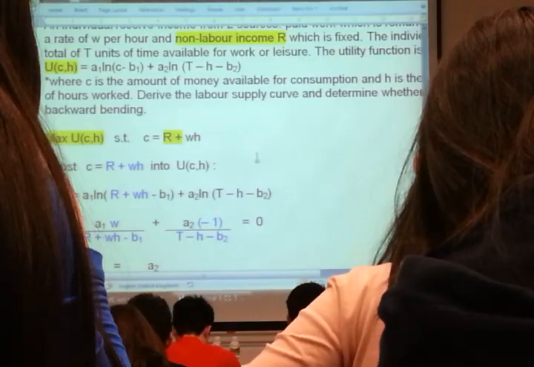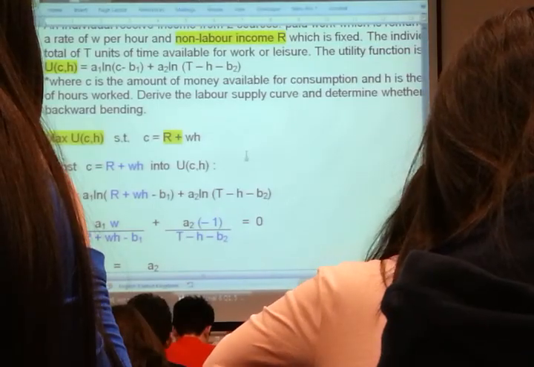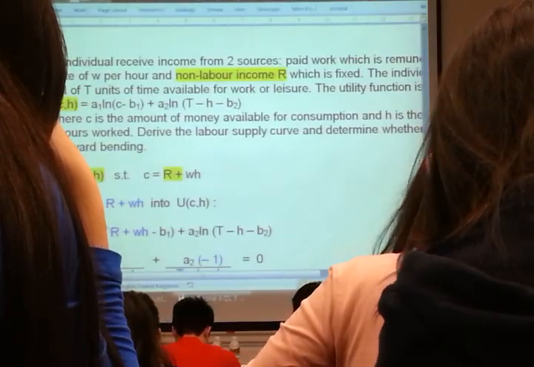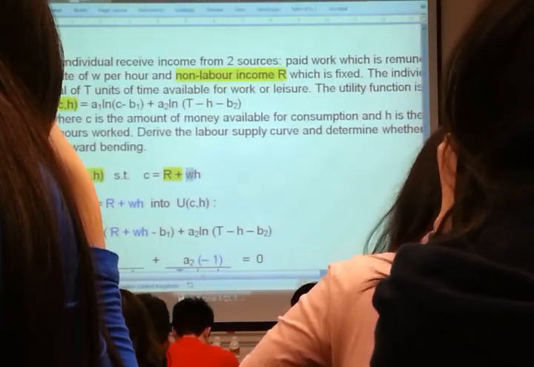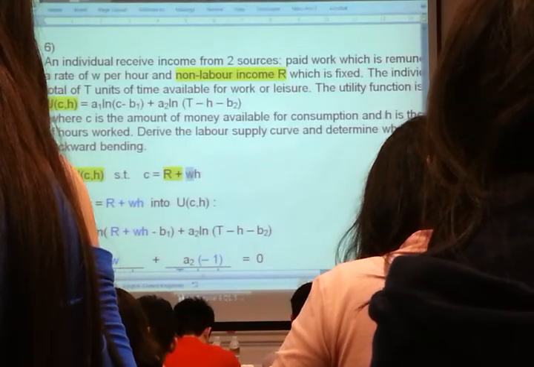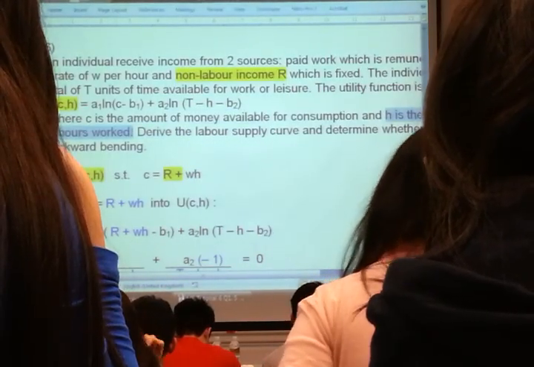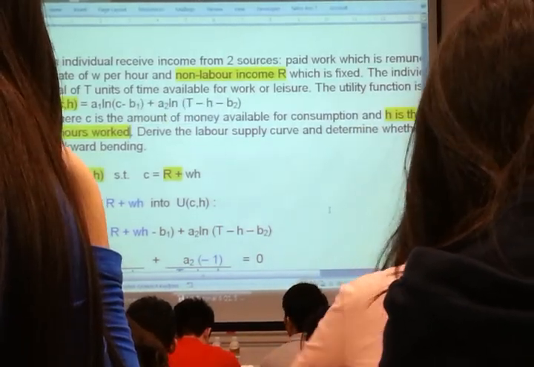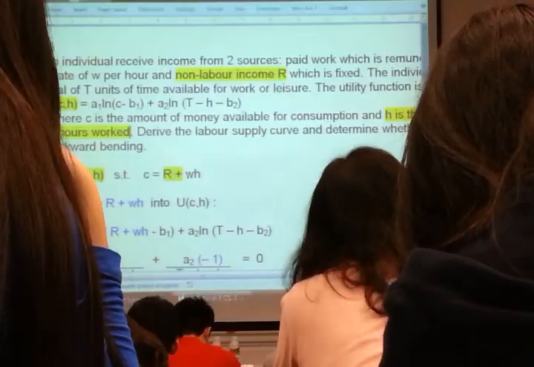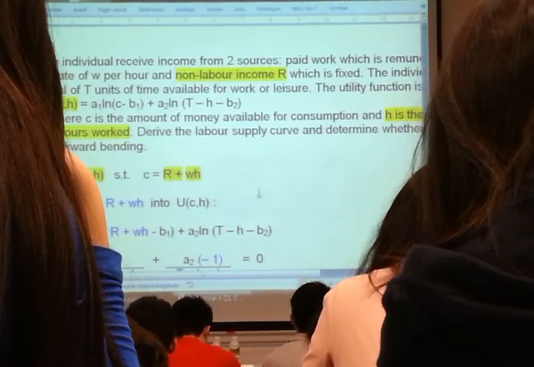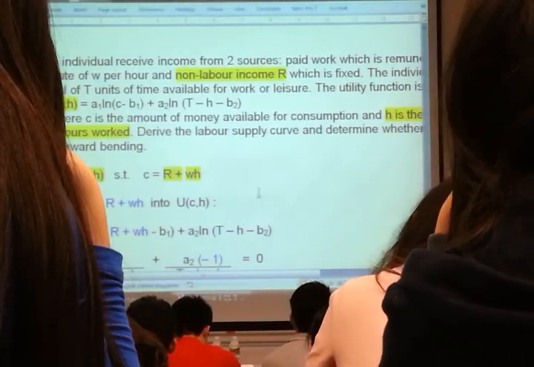What other income? Earned income. Earned income is how much? The wage per hour times the number of hours you work. The number of hours worked is defined as what? So therefore, this is earned income. Clear?